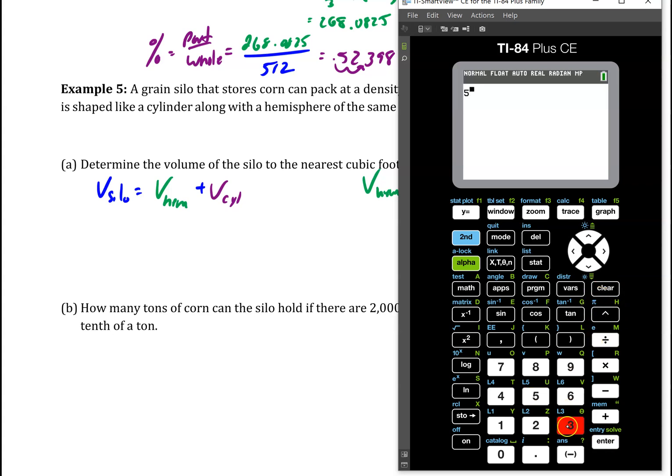Yeah, that's 125. All right, I'm going to multiply that by 4/3. Oops, I did 4/33 instead. So it's going to be 125 times, let's try that again, 4/3.